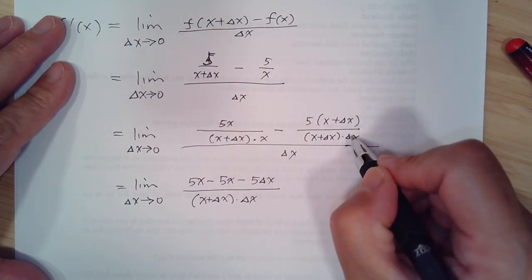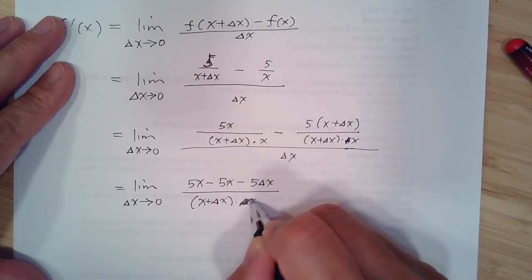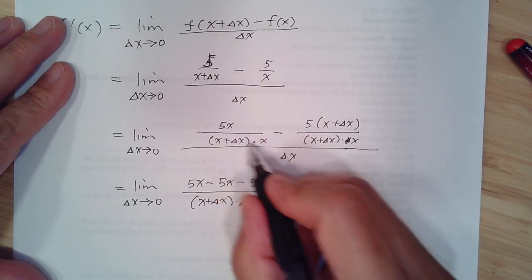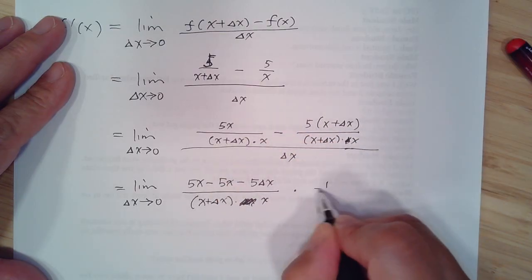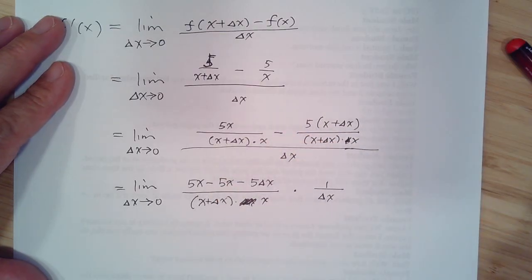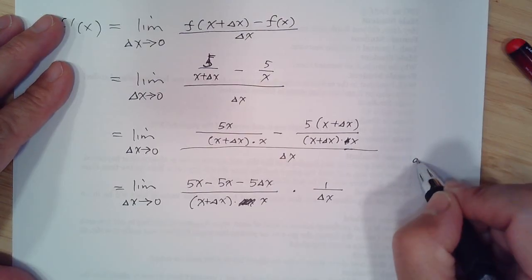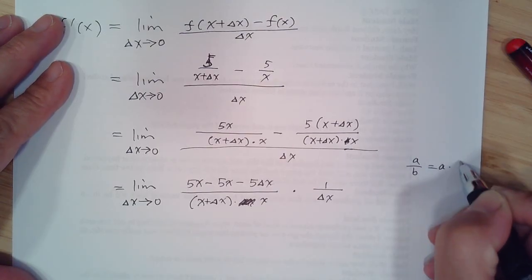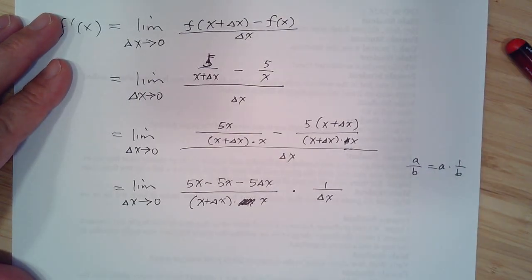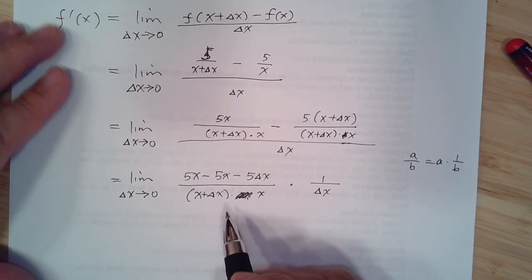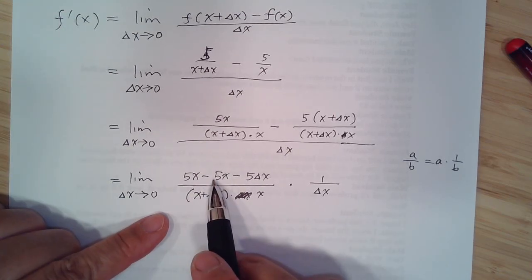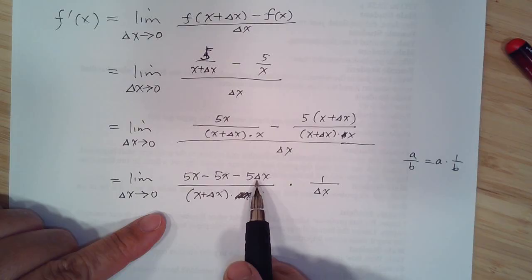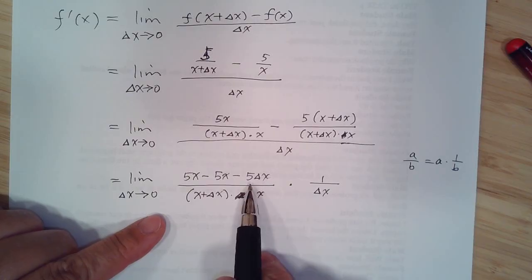Okay, so that's the numerator. And the denominator, I just write delta x like that, because a over b should be a times 1 over b, right? So I just write it this way. And then 5x gone. And then delta x gone, you get a negative 5, did you?